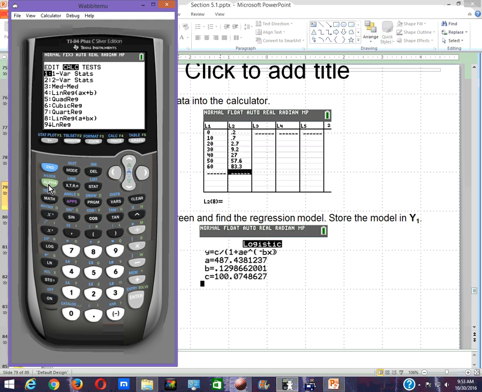Remember, it's choice B, alpha B. L1 is fine, L2 is fine. My frequency list, always leave it blank. Stored in vars, y vars, function, enter, and let's calculate. And there it is. These are already rounded off for me.